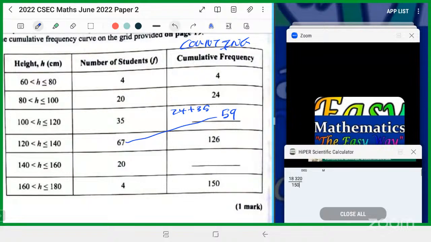And then the 126 plus 20 more students gives us 146. And 146 plus this 4 gives us 150. So that is consistent.